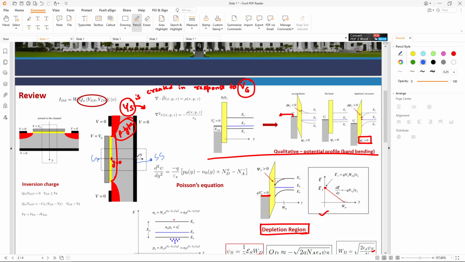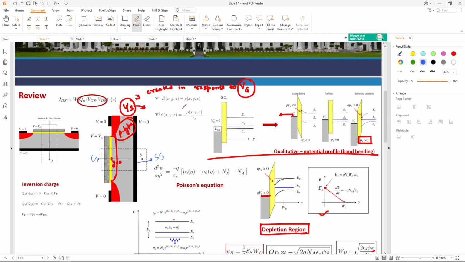Applying a voltage here would lead to some charge accumulation on this end of the material, and that is what aids the conduction of a current from the source to the drain. This principle is pretty much true for ballistic MOSFETs, or MOSFETs with diffusive conductance or whatever. This principle remains roughly the same.